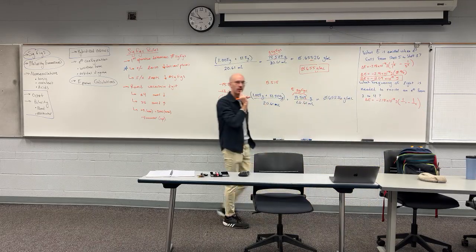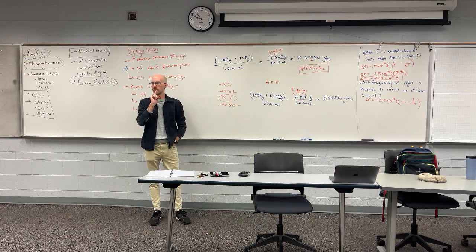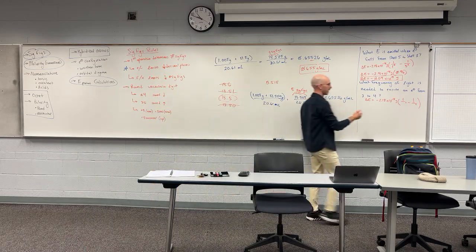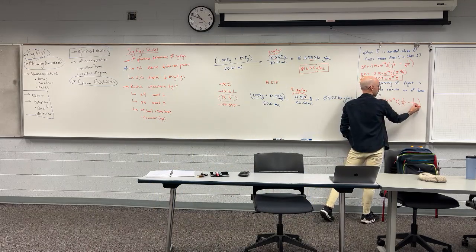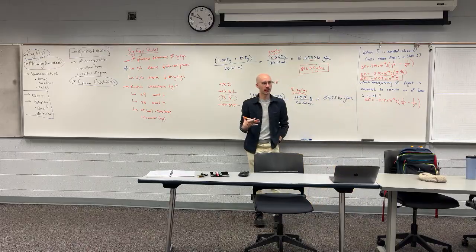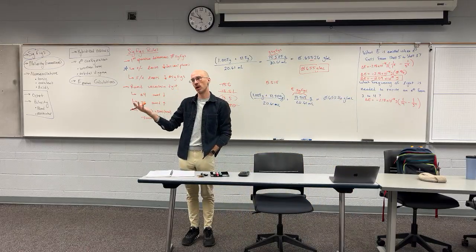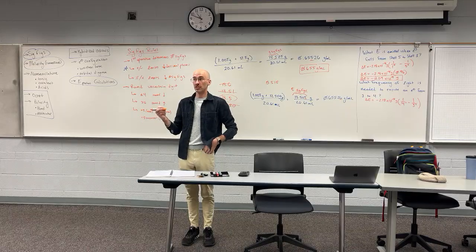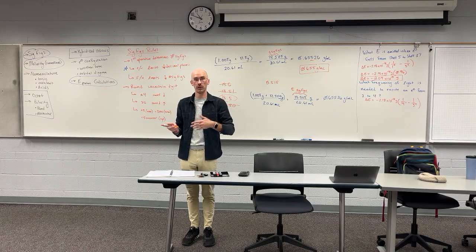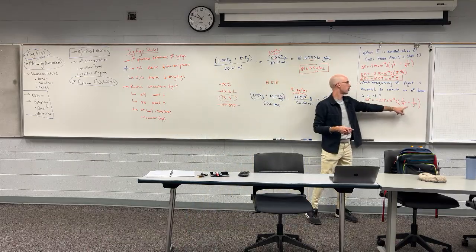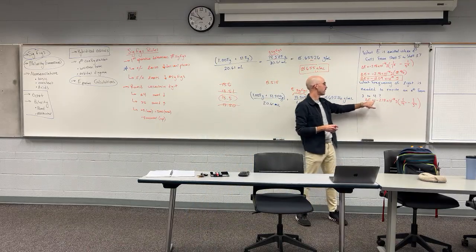What is my final energy shell here? 4. And my initial? 3. 1 over 4 squared minus 1 over 3 squared should actually be a negative number. 1 over 3 squared is larger than 1 over 4 squared. A negative number multiplied by a negative number gives a positive change in energy.